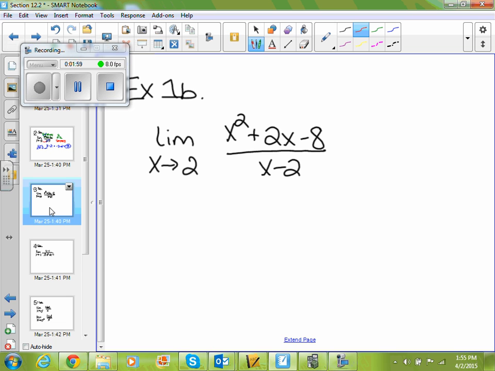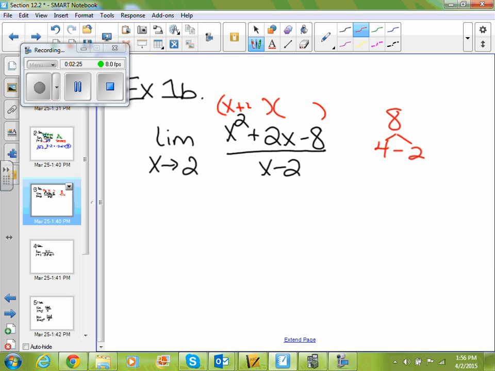Okay, so if I'm given the limit as x approaches 2 of x squared plus 2x minus 8 over x minus 2, because if I plug in my denominator, I get 0, then I need to factor that out to cancel the x minus 2. So factors of 8 that subtract to 2 are 4 and 2.